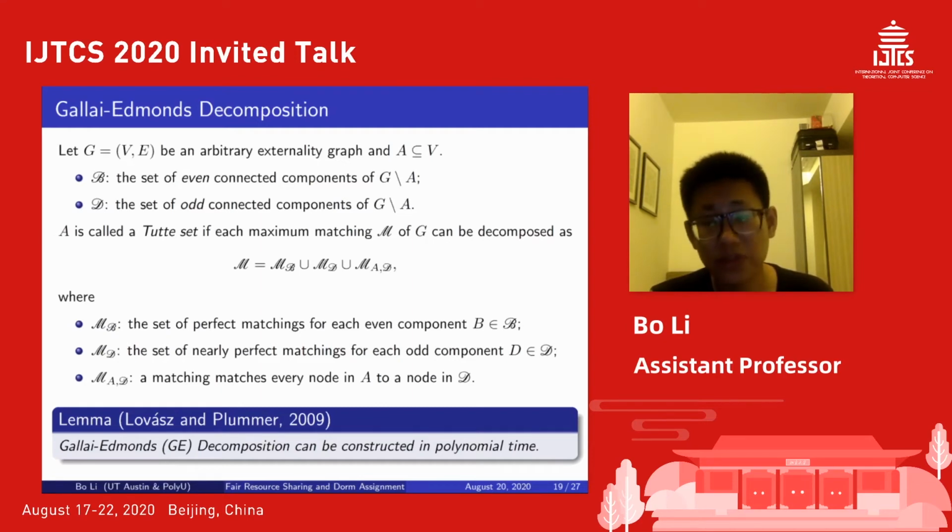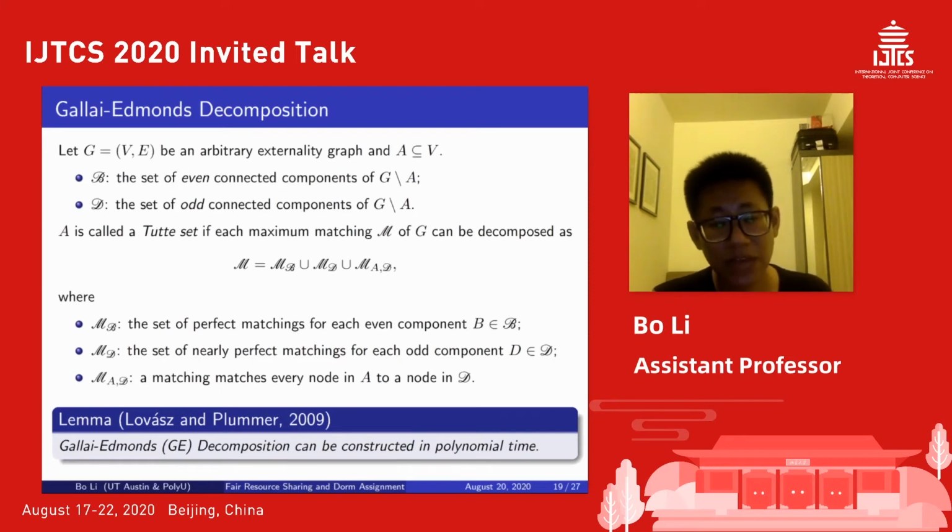So there is no perfect matching, but there should be a nearly perfect matching, which covers all but one agent. And MD is the union of all such nearly perfect matchings. So far, we know that all the agents in even components are covered, and every odd component has all but one agent covered.